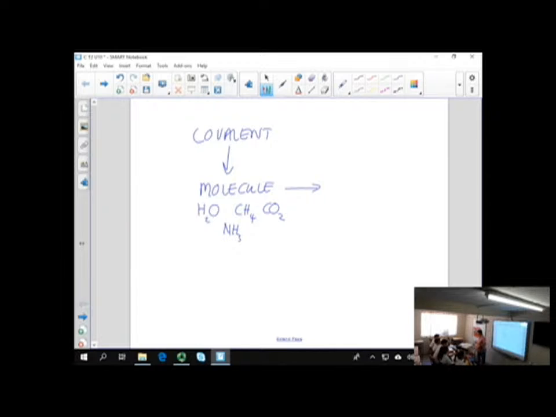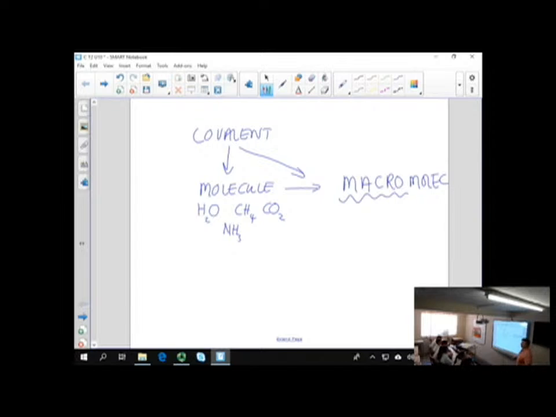Now, we've done a little bit on diamonds and graphite. I said to you, I think, in diamonds, carbon has 4 bonding places. So in diamonds, each of those 4 bonding places are bonded onto 4 carbons. Now, people, when we have covalent bonds, we differentiate between molecules and macromolecules.